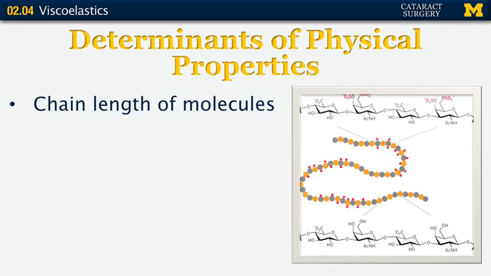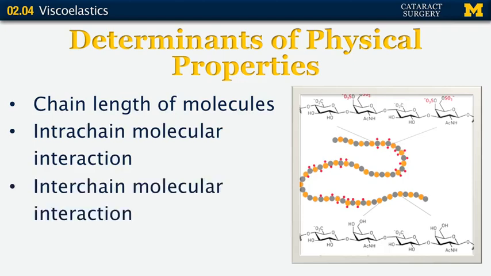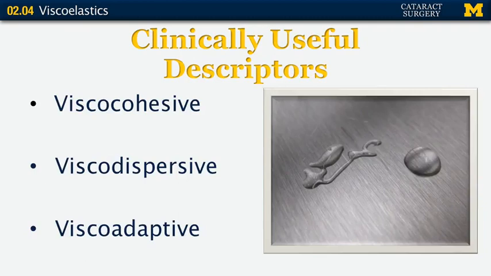And so that can increase viscosity and elasticity by increasing interchain reactions. And if you increase a substance's concentration of all these molecules, you'll increase interchain molecular interactions, and that also increases viscosity and increases elasticity and decreases pseudoplasticity.